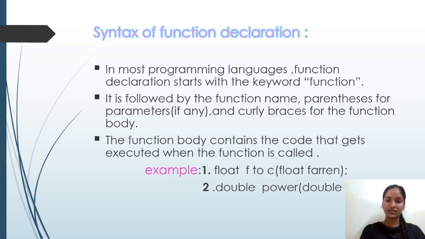So Fahrenheit consists of float data type. Next, second example, double power double. Double is a return data type. We are using the function name power, and double is the variable of double data type.